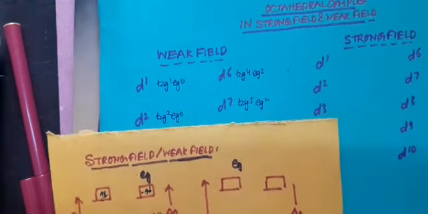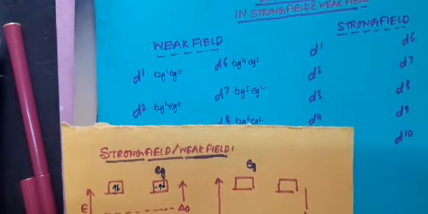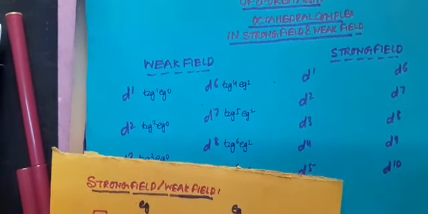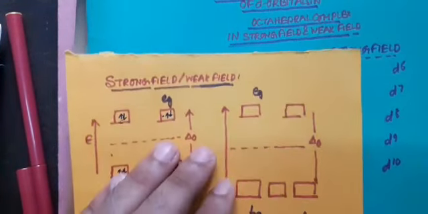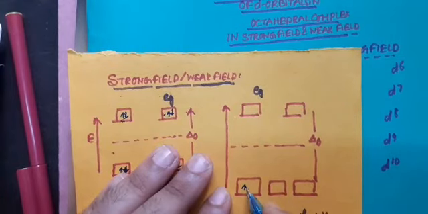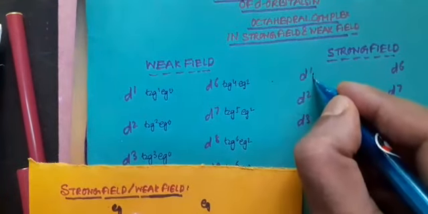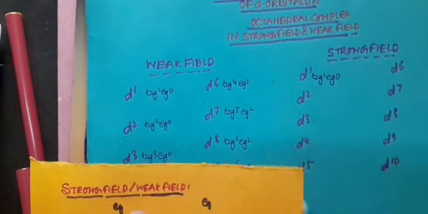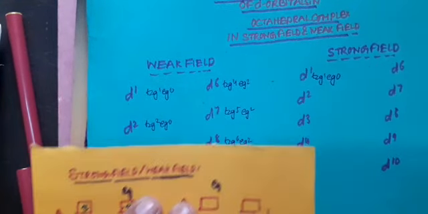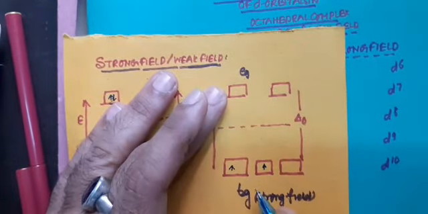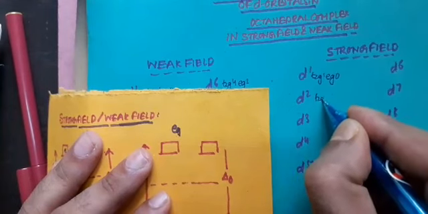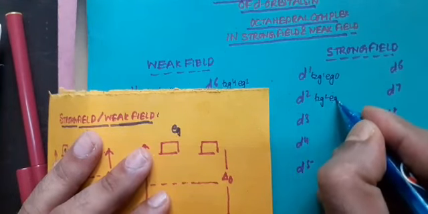Similarly, in case of strong field complexes, for D1 we fill one electron in the T2G set. It will be T2G1 EG0. For D2, 2 electrons in the T2G set like this, 1, 2. So it will be T2G2 EG0.